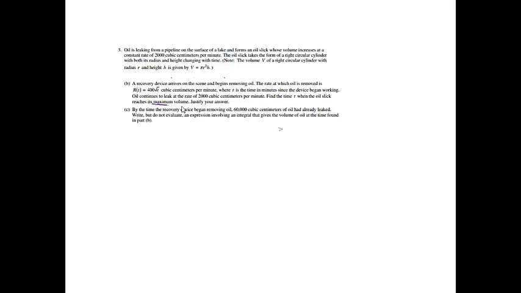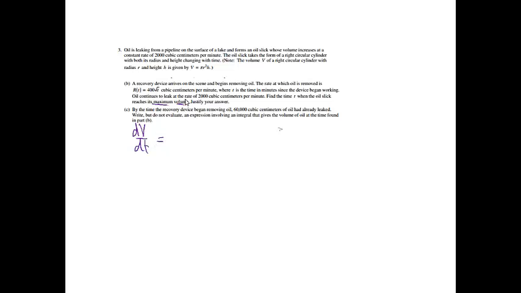So we are looking for a maximum volume. To get a maximum volume, we're going to take the derivative of the volume, which would be how fast the volume is changing, and we'll set it equal to 0. So we basically are going to be finding dV/dt. How fast is the volume of this oil changing?